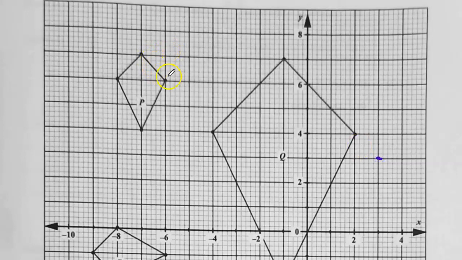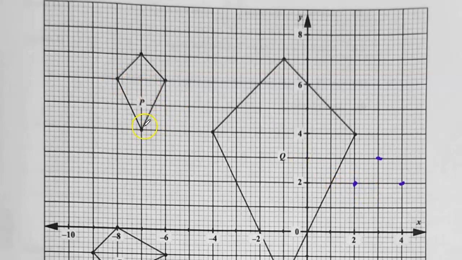Let's move this one here. 10 to the right, and then 4 down. So here. And of course this vertex will obviously be here.